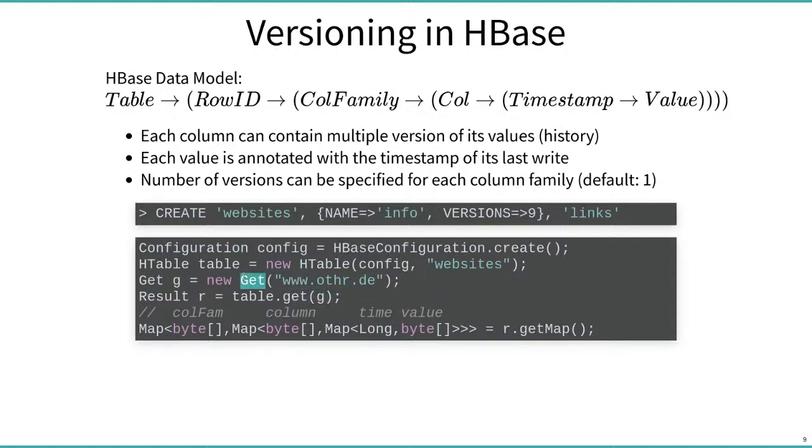But in this Get object you can specify max number of versions, only for a timestamp, and so on. So you can specify more properties of that get. I'm only interested in the column family this and that, so only a projection. So you put everything in that Get object by using methods.